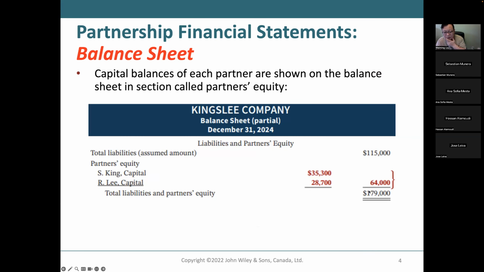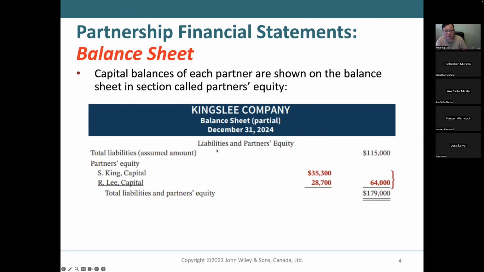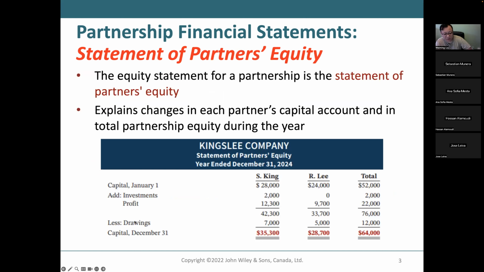Oh, so that's the remainder after the draw. Yeah, because this is the balance sheet, we want to know the ending balance of the equity. The ending numbers are presented on the balance sheet. Okay, thank you. But the drawings are actually only 12,000. Yeah.